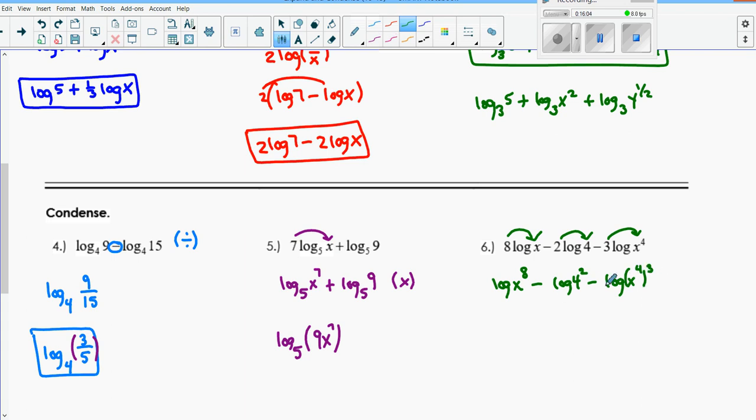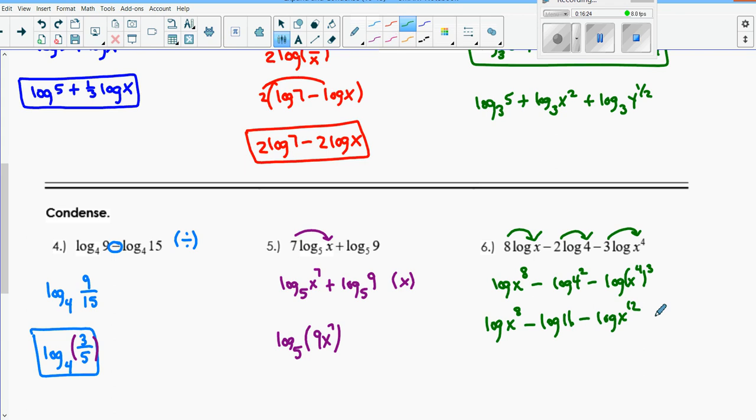You can see two things actually simplifying here. So I'm going to rewrite again. I'm going to say log of x to the 8th minus log of 16 minus log, and then when I take a power and raise it to another one, I multiply. So x to the 12th.